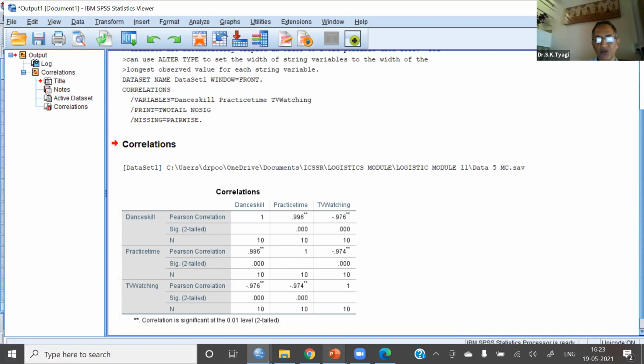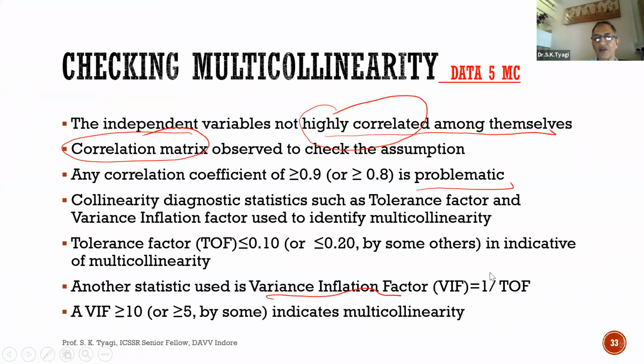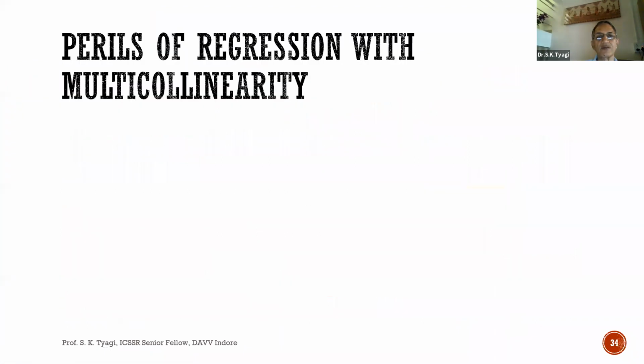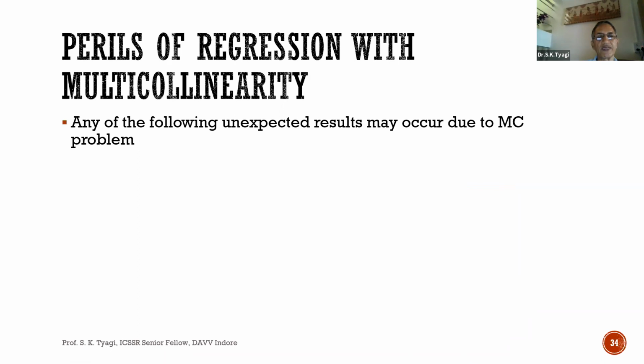So coming down to the presentation, we are checking multicollinearity, the first criterion. Now, what is the problem with multicollinearity? Many unexpected results will occur due to the multicollinearity problem.